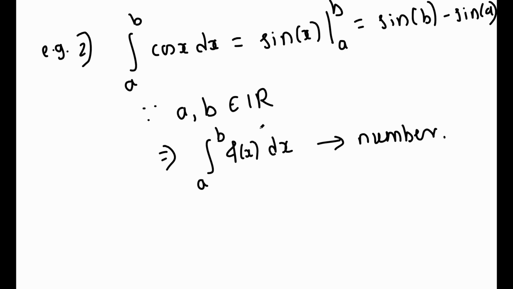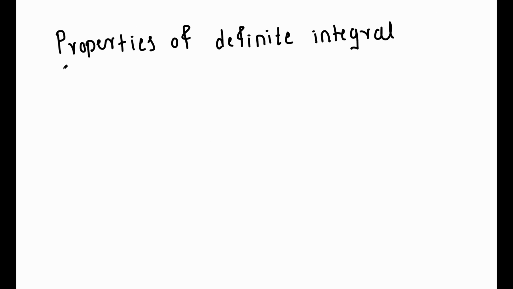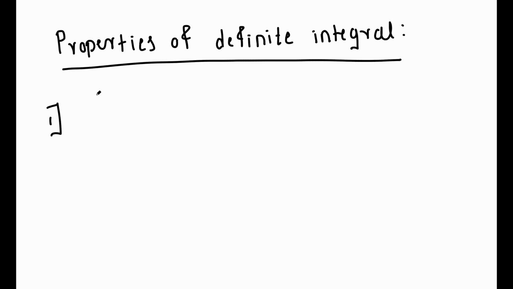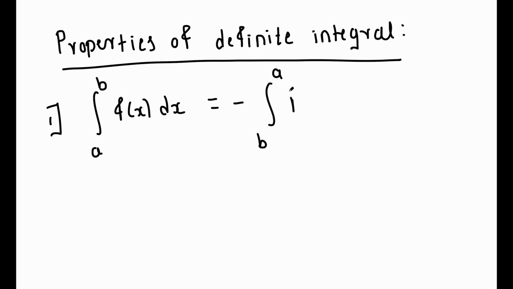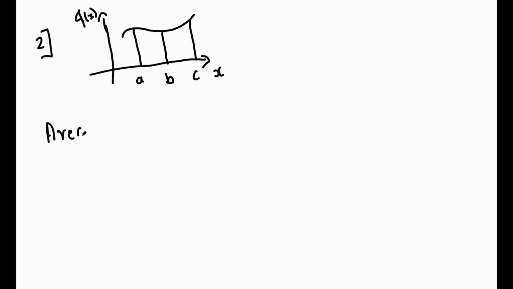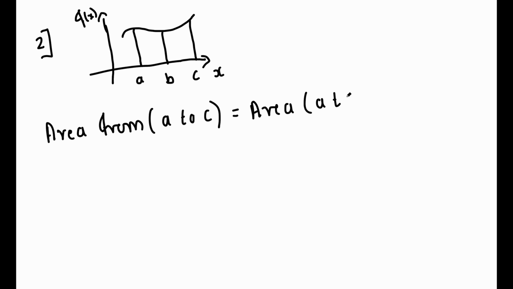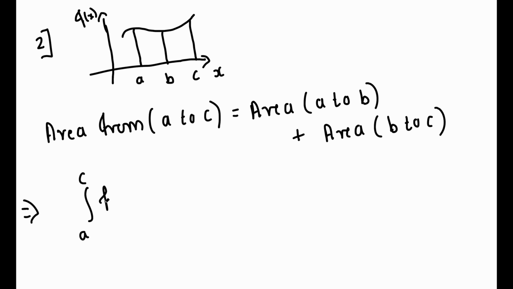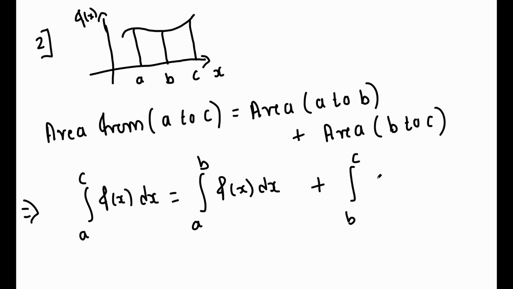Definite integrals have some properties. The first property is that if we interchange the initial and the final limits of the integral, then we get an extra negative sign outside the integral. The second property is that if a is less than b and b is less than c, then the integral over the interval a to c can be divided as integral from a to b plus integral from b to c.